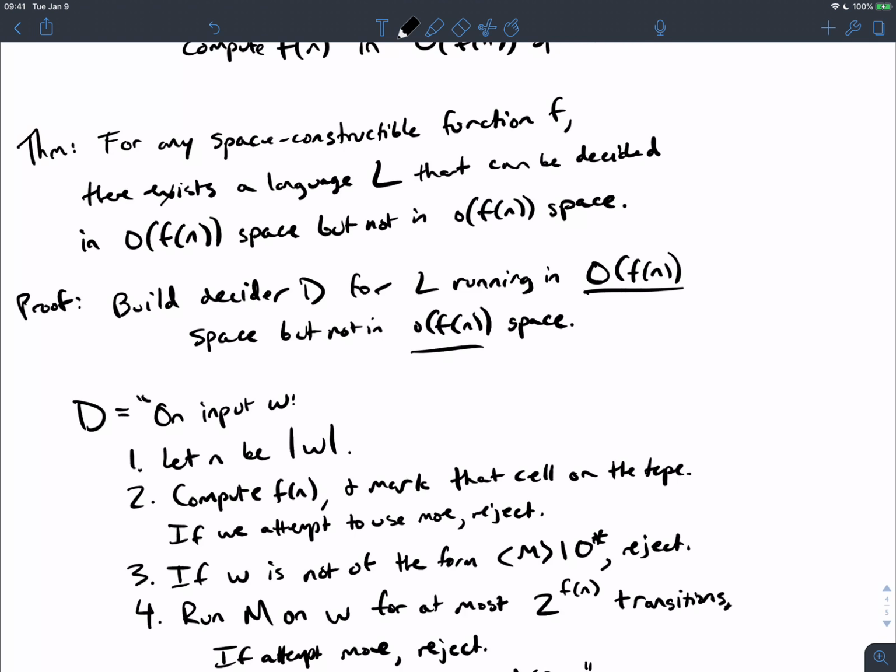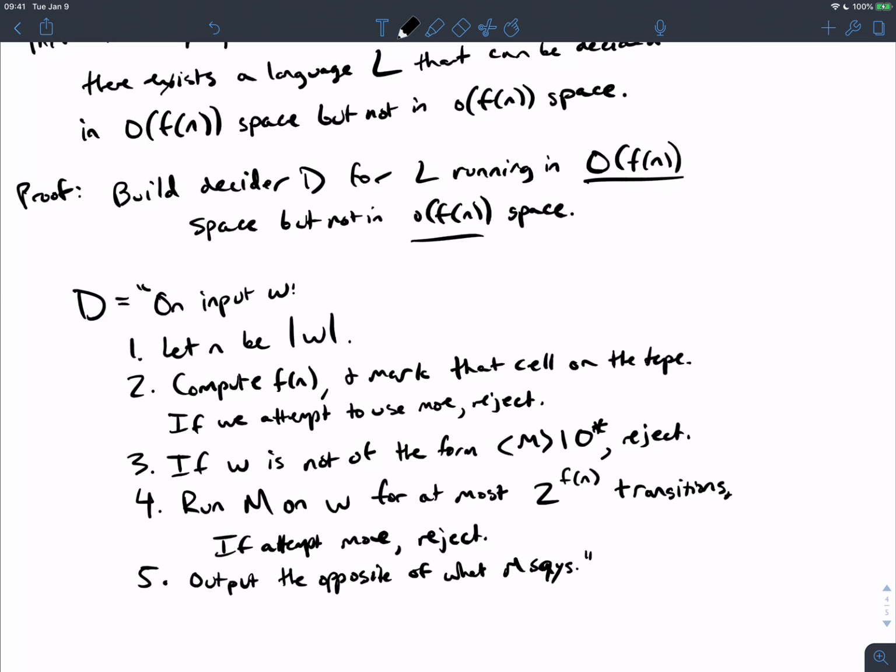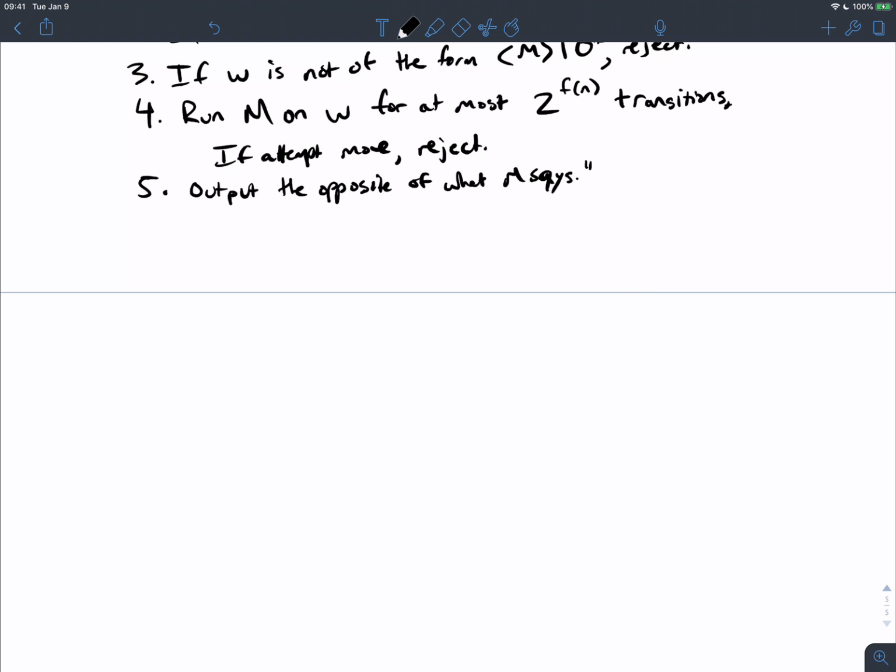The example we have on the board: 5n squared is big O of n squared because it's at most a constant times n squared. But it is not little o of n squared because it runs at the same asymptotic rate as n squared does. So therefore, it's not little o of n squared.